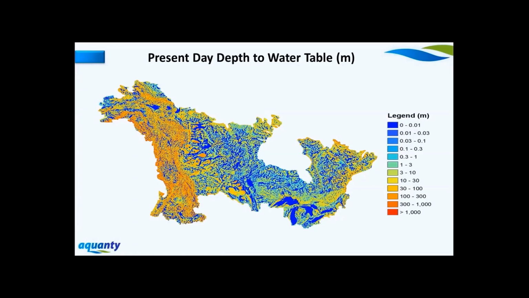This just shows a simulation in which we spun up the model to present-day average climatic conditions, and we're showing here the depth of the water table. There are data with which we can compare the model, but overall what we found is that the calculations of the depth of the water table are quite similar to what we observe near and around the Hudson Bay lowlands.